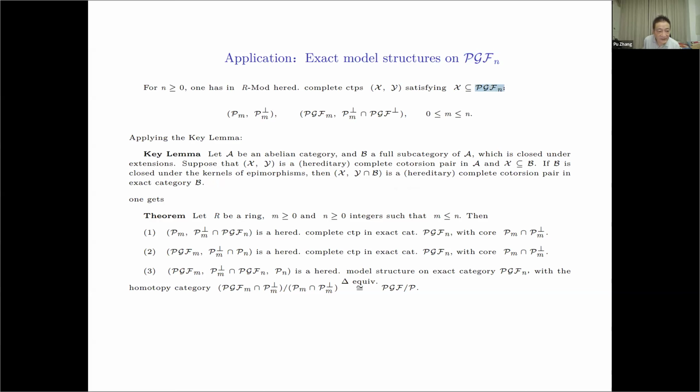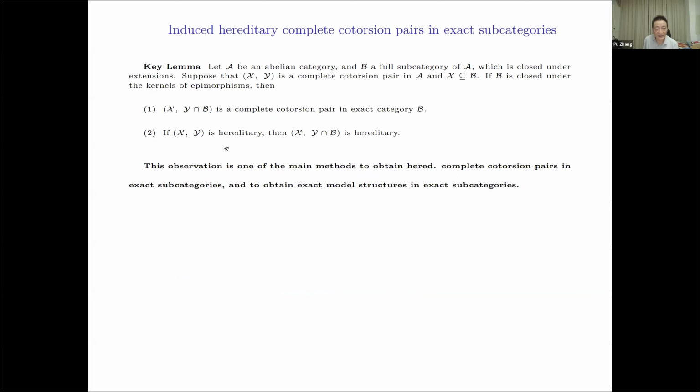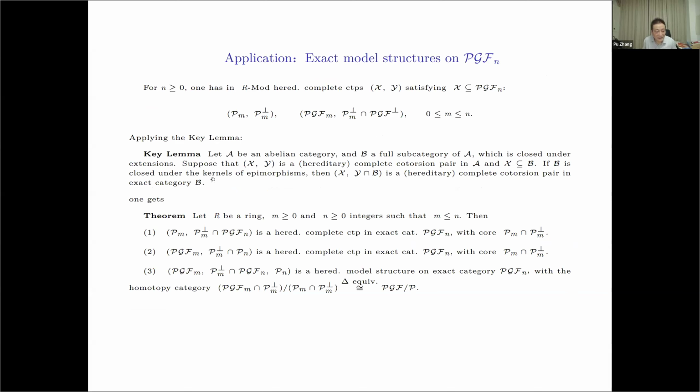That is, this is P(M) and P(M) perpendicular, and also PGF(M) with M smaller or equal to N. This is already given in this table. Then we apply this Keen lemma. I repeat this Keen lemma.